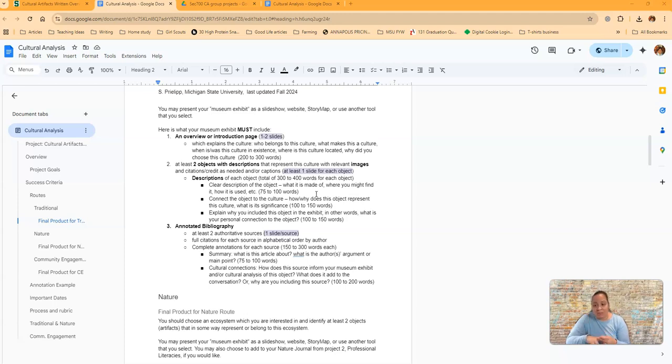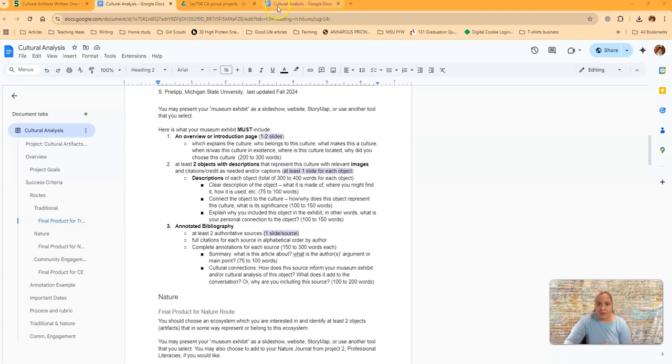Remember that 2 is a minimum, so you know, if you have 2 objects and you need a source for each one and your culture, you could have 3 sources, but you do need at least 2. And then you're going to put this all together.